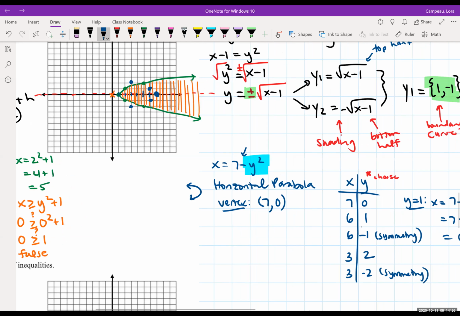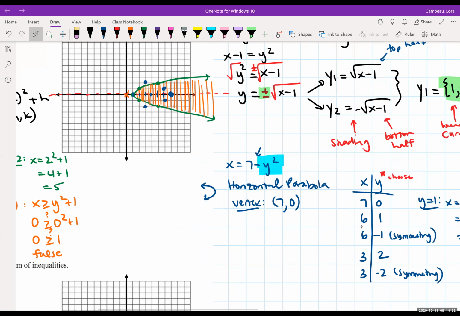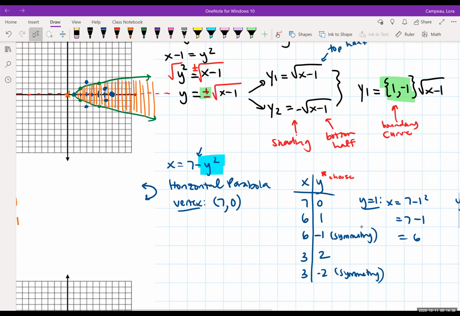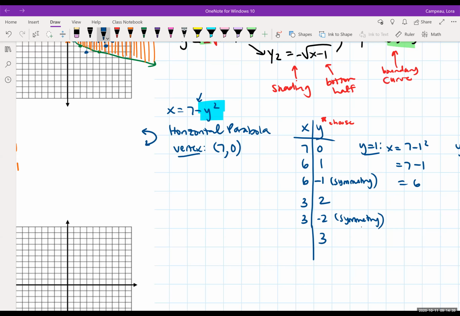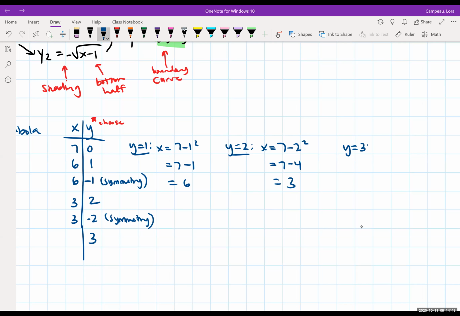And for purposes of making this a really nice graph, I see a lot of room on the left side, a lot of empty space. I'm going to pick another Y value. So perhaps you'll see me pick Y equals 3. A little further off to the side. So X is equal to 7 minus 3 squared, which will be 7 minus 9, which is negative 2.